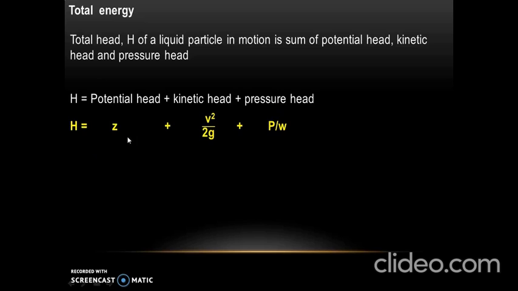Potential head is denoted by Z, kinetic head by V square by 2G, and pressure head by P by W. So the total head H at any point will be potential head plus kinetic head plus pressure head.